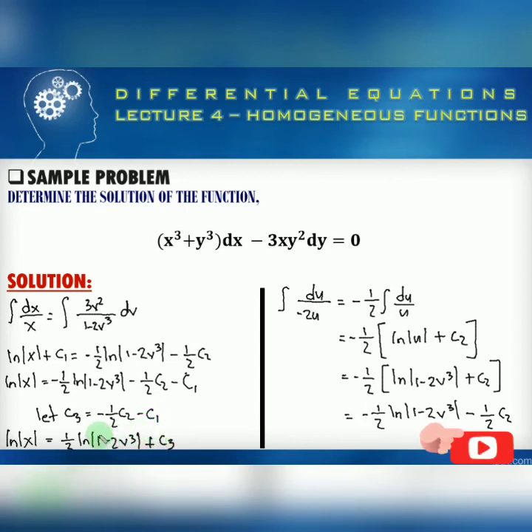Or if we are going to transpose this one, so this is actually negative 1 half, since this is negative. So we will transpose this one to the left side to get a simplified equation for this.